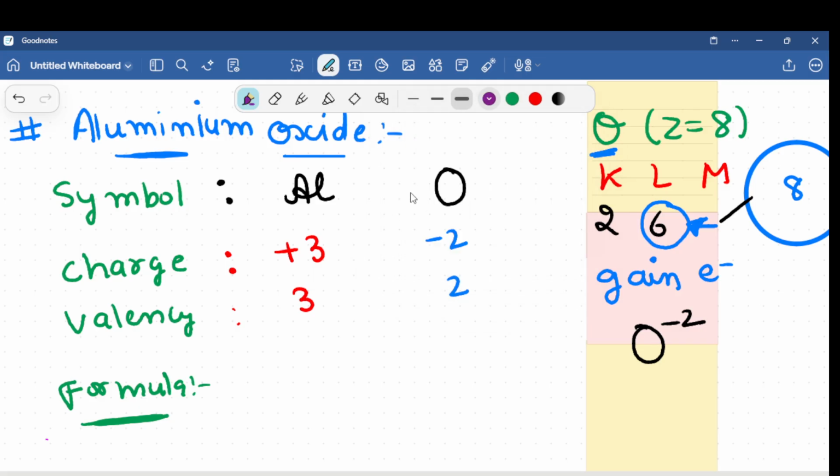So we will apply the phenomena of crisscross, or you can also say the phenomena of crossover, right?